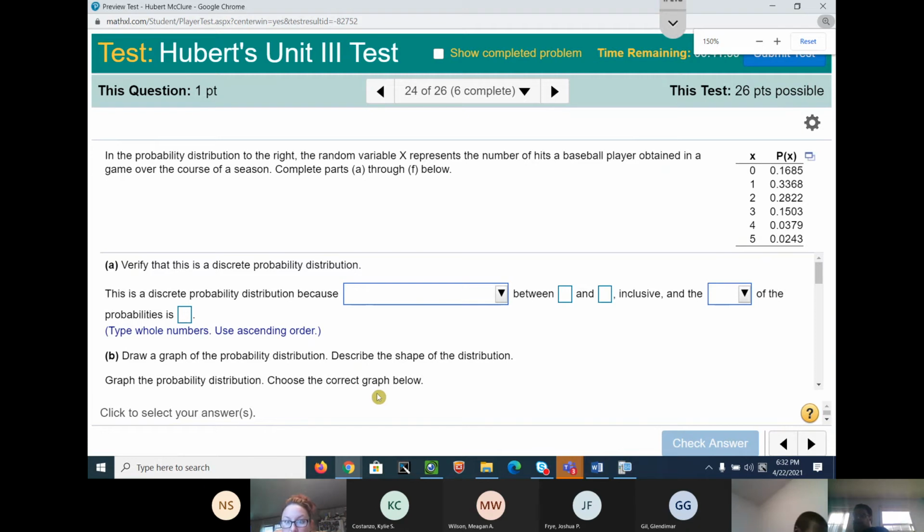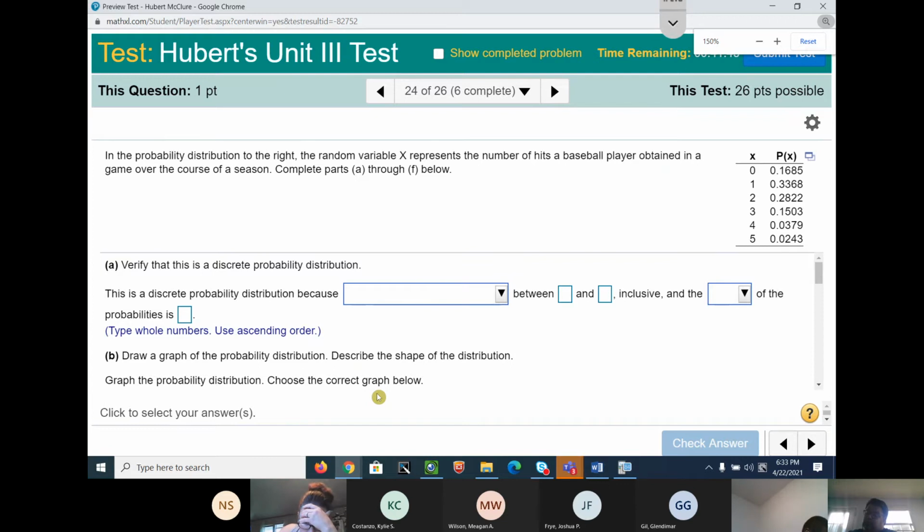0.0379. Now I want y'all, after you write it down, to find the mean and the standard deviation. Just do it on your calculator. Okay. The mean and standard deviation.